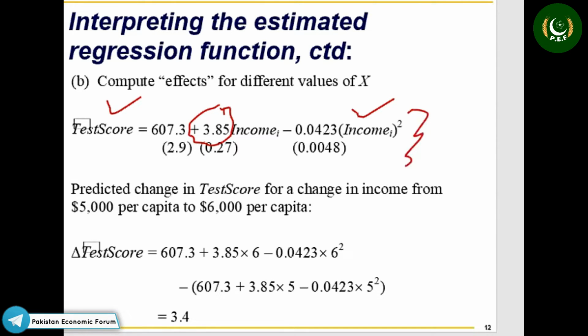That will be different from 26 square minus 25 square, though the difference between both is $1,000. So this square term is making all the difference.